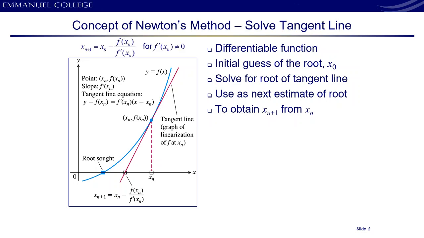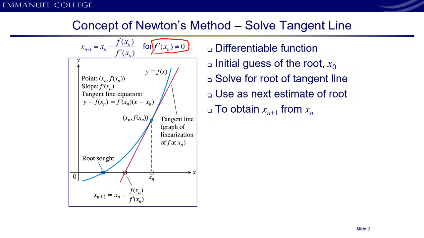And this is our equation for it. The next term is equal to the previous term minus the function evaluated at the previous term divided by the derivative evaluated at the previous term. And then very obviously, this doesn't work if the derivative equals 0.